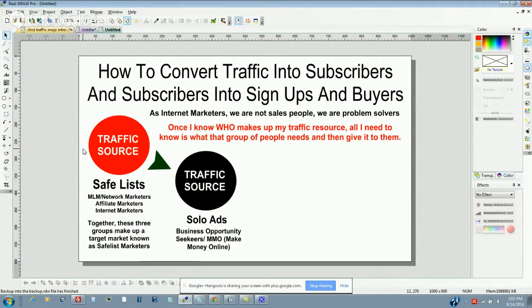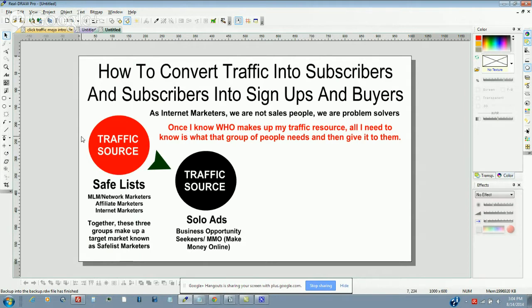This does require numbers. Granted, quality does supersede quantity in much of this, but it's still one of those things where the more the merrier, you know what I mean? So obviously if I can get more traffic and more conversion, then I'm going to get more conversion from the traffic to subscriber process, the same as I will with the subscriber to signup or sale process.